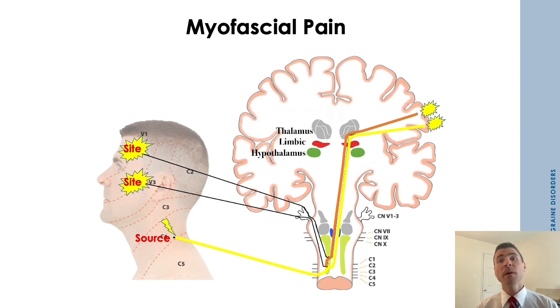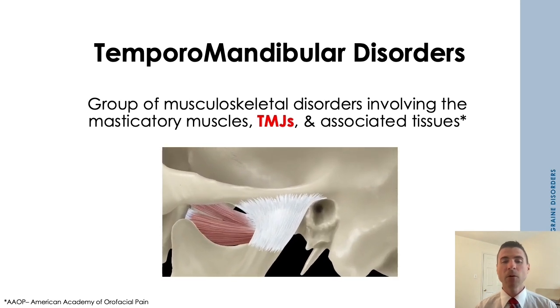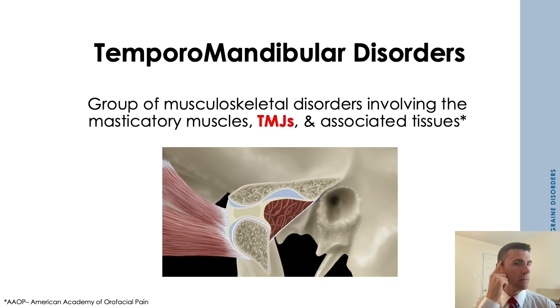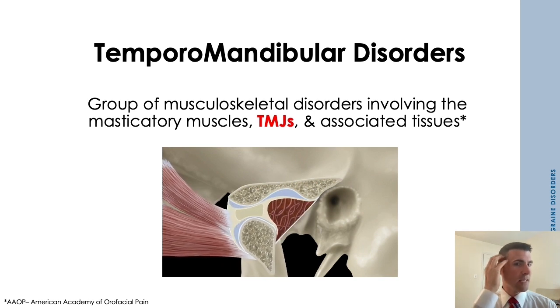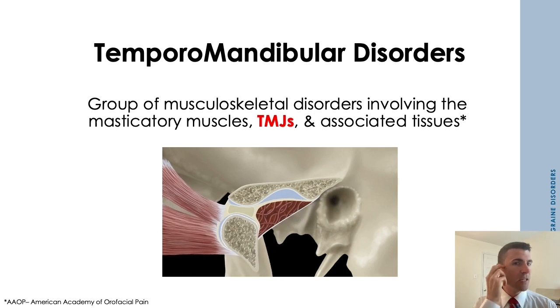So let's move on from the musculature into the joint, the TMJ area. A lot of people think TMJ is a disorder. It's not. You have two TMJs right here and here, just like you have two elbows or two knees. The temporomandibular joint, as you can see in the graphic here or in the video, is this bony combination of the temporal bone right here, the mandible, so TM, the mandible or jaw bone, and the J is for joint.